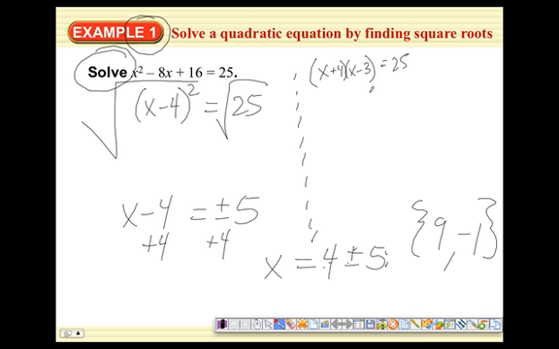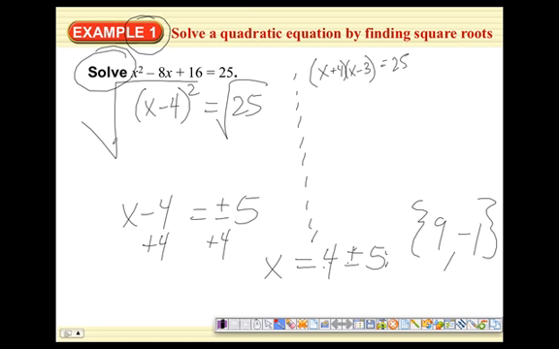You would have to subtract 25, put it over here, FOIL it out, and make it something equals 0. So you wouldn't want to say this equals 25, this equals 25. In this case, I wouldn't factor it out. I would just subtract 25, put it over here, and then try to solve from there.